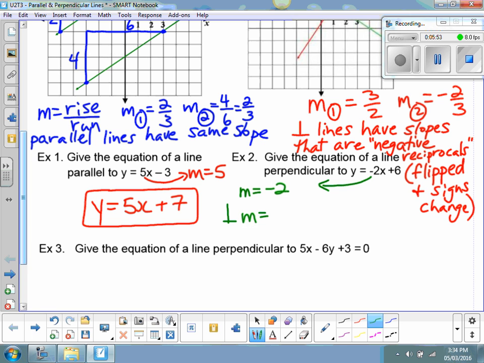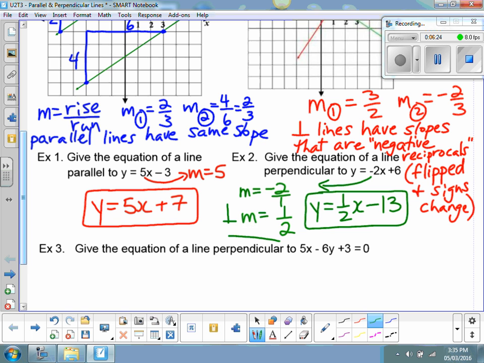So keeping in mind that negative 2 is like negative 2 over 1, and don't forget that perpendicular slopes have negative reciprocals. So that means we have to flip the 2 over 1 to 1 over 2, and we change it from negative to a positive 1/2. So that's the slope that we need to use here. So now I can write the equation. y equals 1/2 x minus 13.